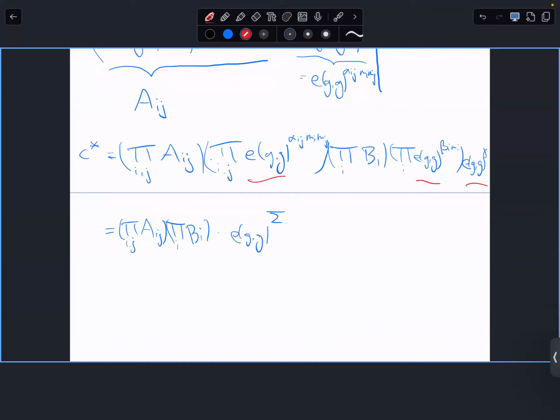So this is the same as E(G, G) to the sum over I, J of alpha ij mi mj plus the sum over I of beta I mi plus gamma. We've really so far just rewritten the expression for this homomorphically evaluated ciphertext C star. We haven't changed anything about it.